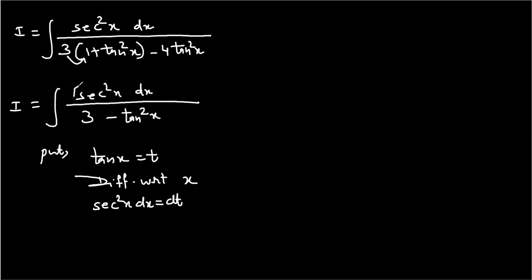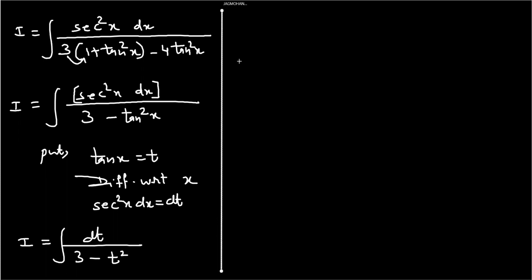So this sec square x dx is dt. I get I equals to dt divided by 3 minus t square. So what do I get? I get I equals to integral of 1 upon 3, which I will write as root 3 the whole square, minus t square, dt.